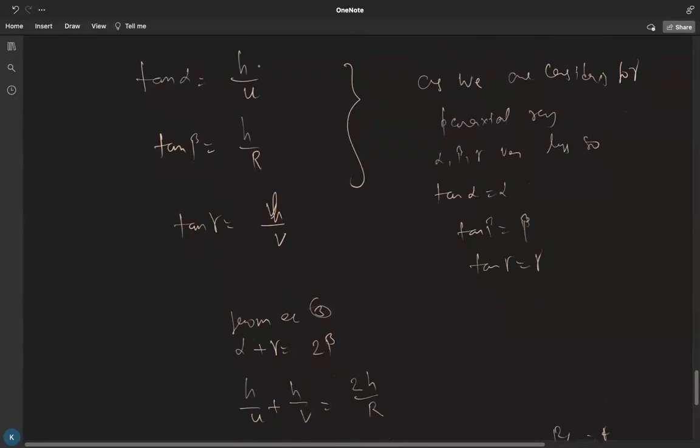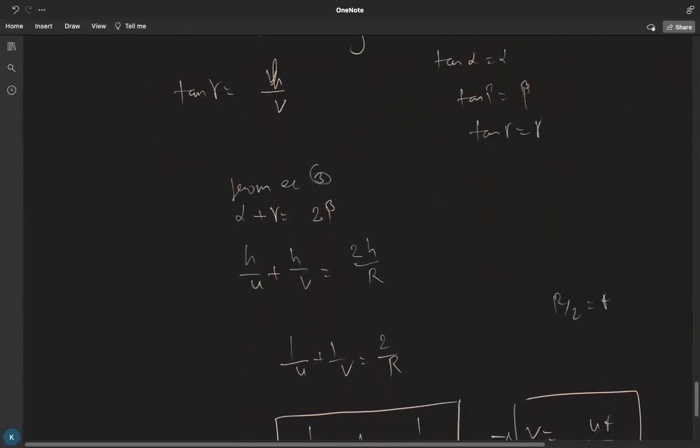So alpha is equal to h by u, beta is equal to h by r, and gamma is equal to h by v. Mark my word, this formula is not valid for marginal rays, where the angle of incidence is greater than 4 degrees. You have to apply a different concept there to solve the problem.